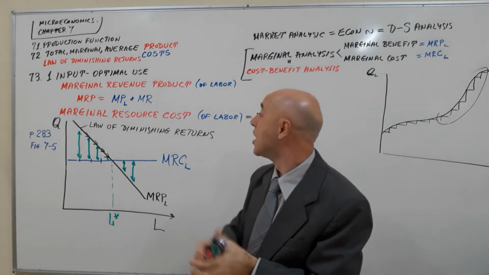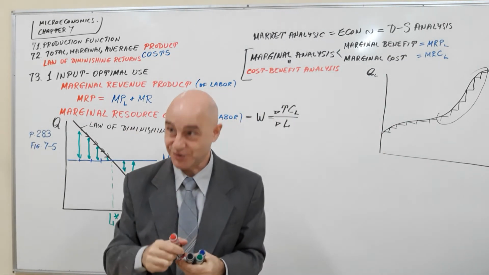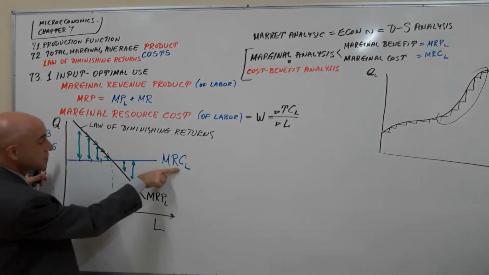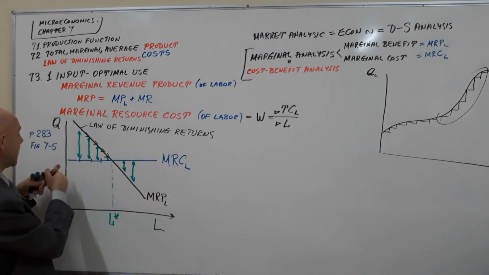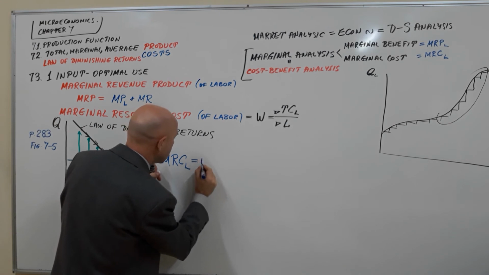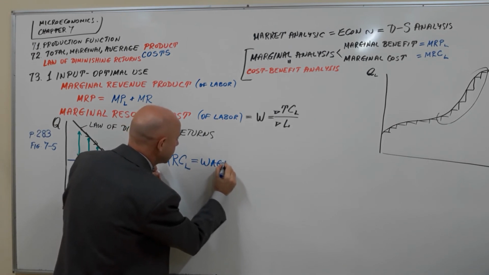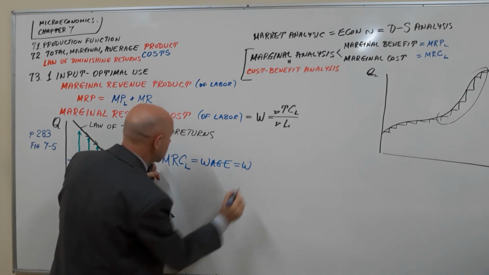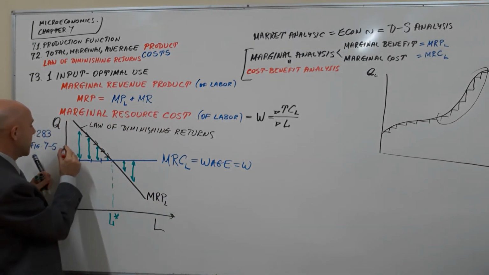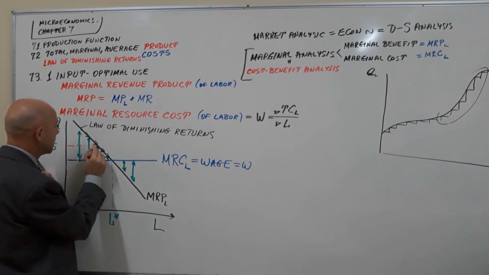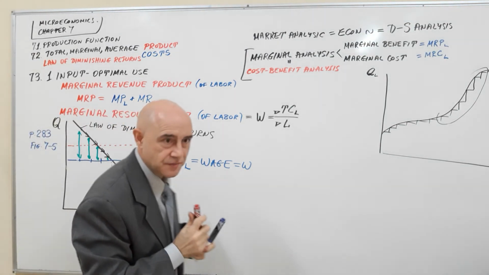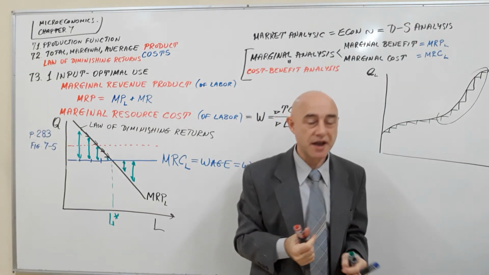So I'm going to draw a new line, now in red color. Remember, this represents the marginal cost of labor, and the marginal cost of labor was equal to the wage. And now the wage increases. This is the new wage. What can we say?